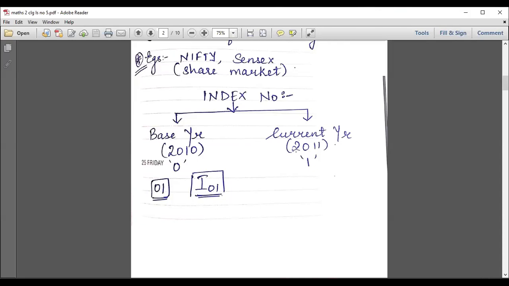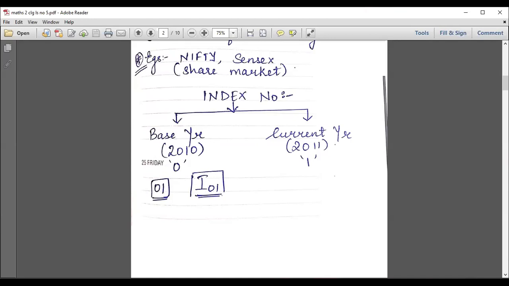The base year is represented by the number 0, which I have written here, and the current year is denoted by the number 1. So whenever I tell index numbers, you can write it as I01. Index numbers are indicated using these two binary numbers, that is 0 and 1.